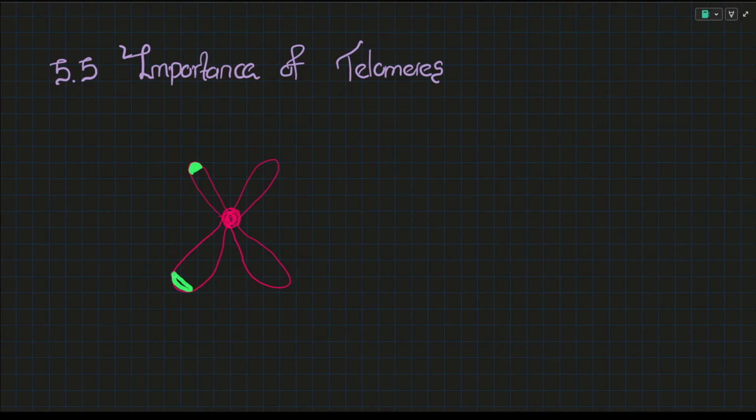We find our telomere on the end of the chromosome. Just like this. These are the telomeres that are found on a typical chromosome.